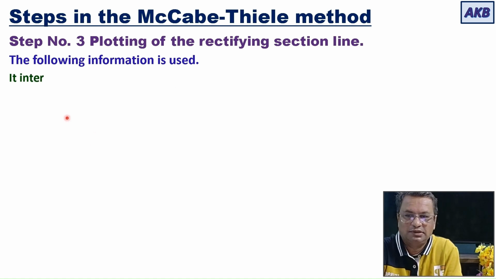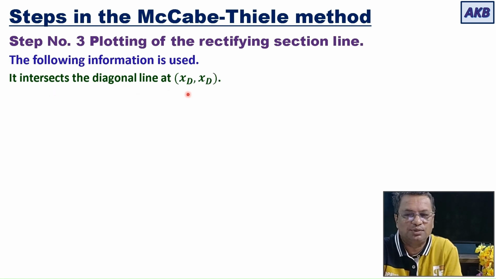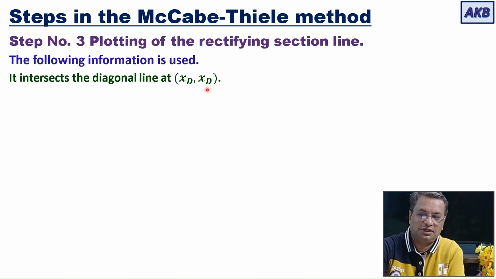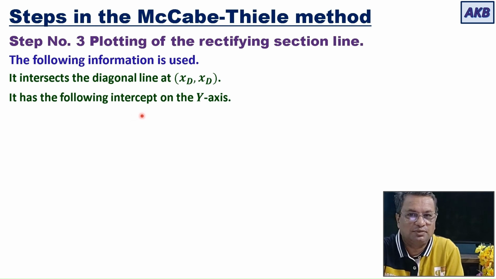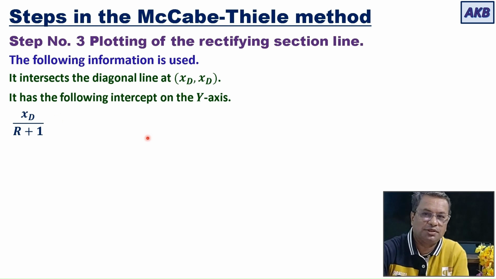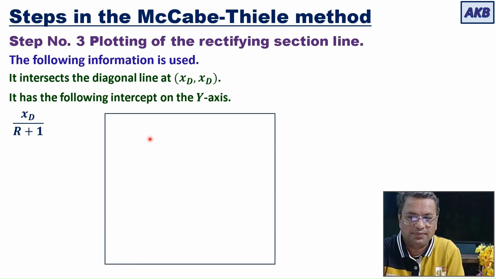First, the rectifying section line intersects with the diagonal line at a point which has coordinates of xD, xD. So we are going to use this information. The other information is that it makes an intercept on the y-axis, and that intercept is xD upon R plus 1. So these two pieces of information we are going to use to plot the rectifying section line.